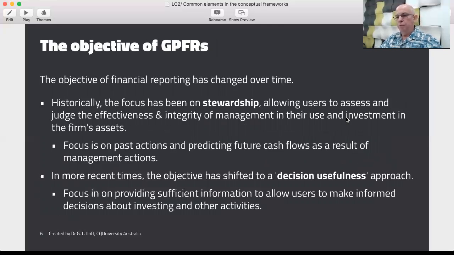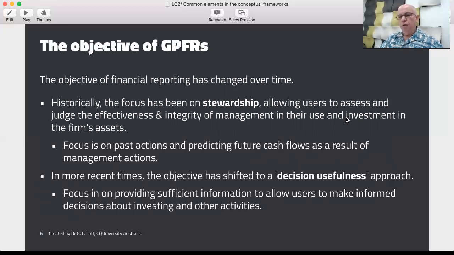The objective of general purpose financial reports, which we read in the previous learning objective, has changed over time. Historically the focus was on stewardship. The objective of financial reporting was to allow users, investors, to judge the effectiveness and the integrity of management of the firm.